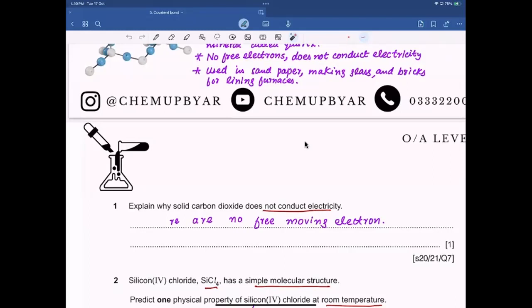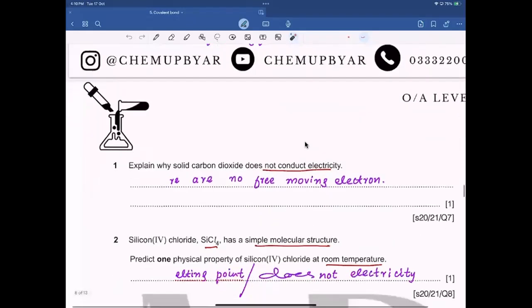They have low melting and boiling point, and besides this, they do not conduct electricity. Yes. So you can write any one point.